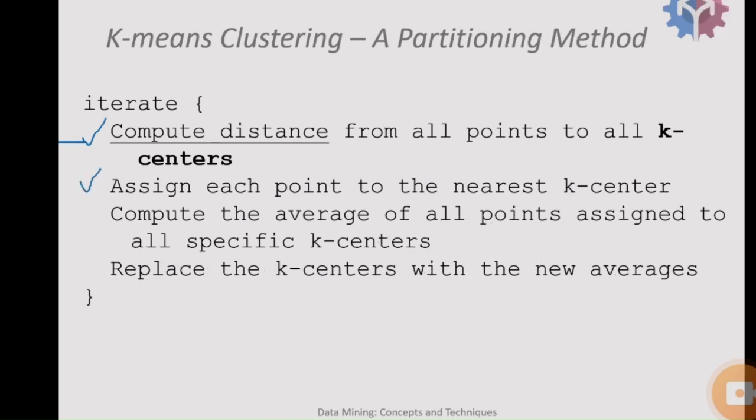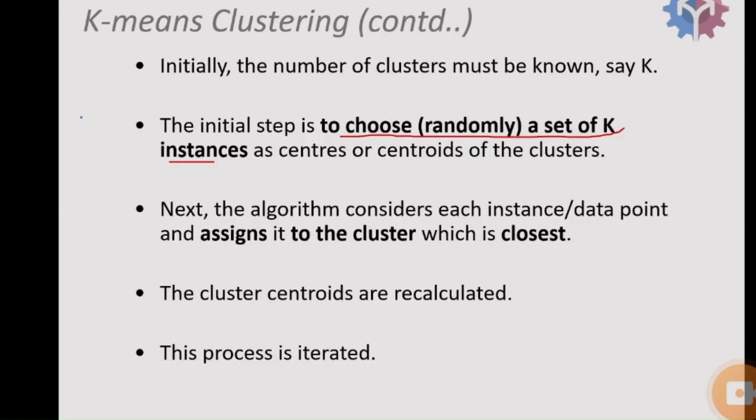And you know how to assign a point to a particular K center, right? And you know how to compute averages and replace. What next? The next thing is we do it again. You iterate, you repeat the process. So if you know how to do it one time, you just have to do it again.